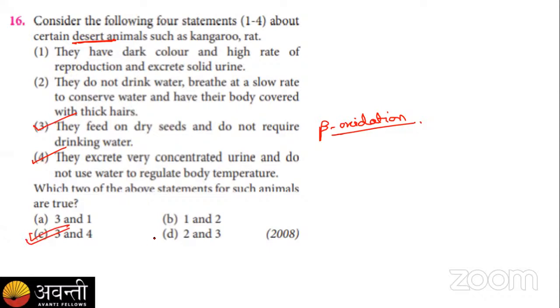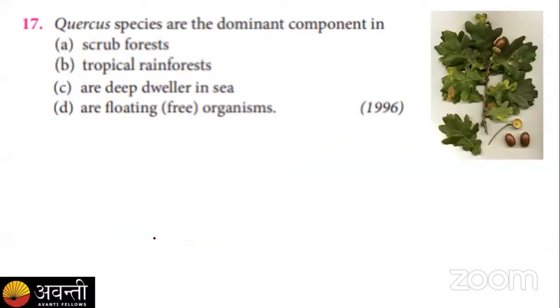Okay, so now the next question here is, the Quercus species are the dominant component in. You have to find out in which area these Quercus are the dominant components. A, the shrub forest. B, the tropical rainforest.